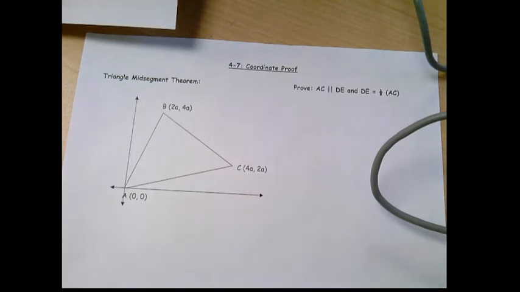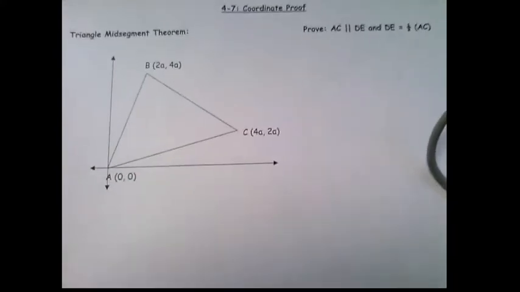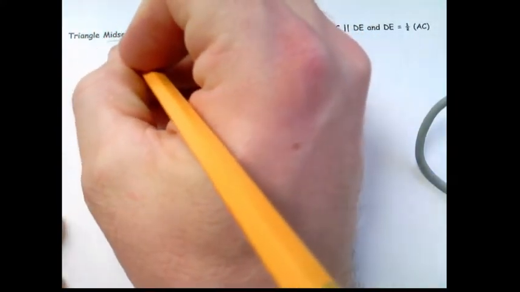But we're also using variables here, because if we can plug in any number for the variables, then we can say it will be true no matter where the location of those points will be, as long as we have the original figure. So as I look at this, we're going to prove something called the triangle mid-segment theorem.